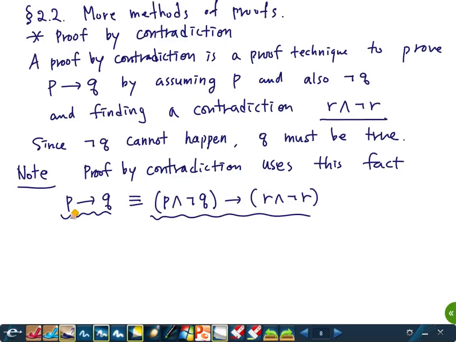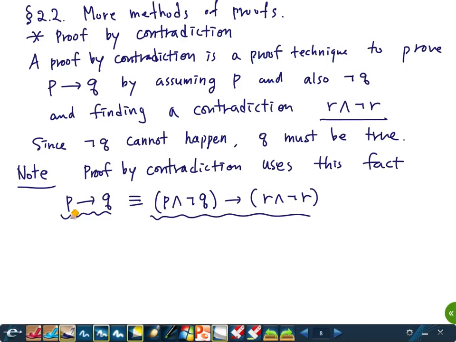So proof by contradiction is very useful if you cannot prove this directly. If you can prove this directly, you don't need this, but if you are stuck in finding a direct proof, you can try using this technique.